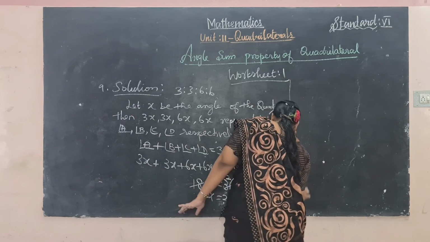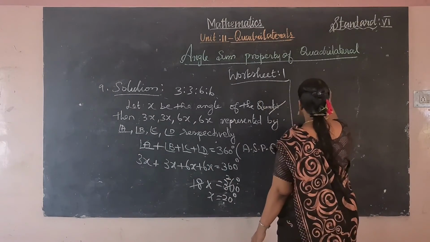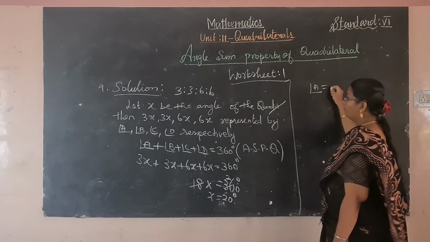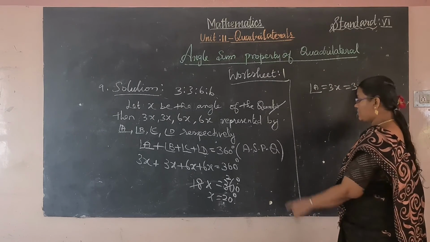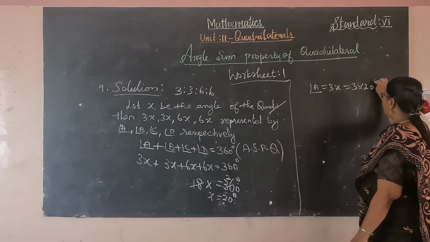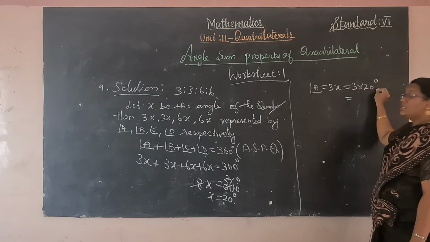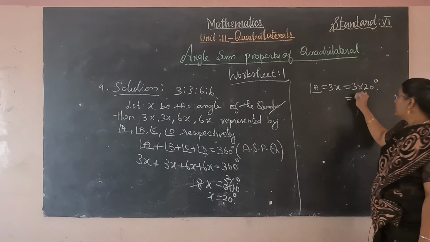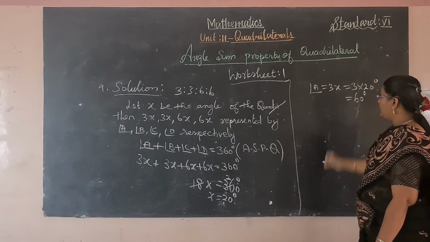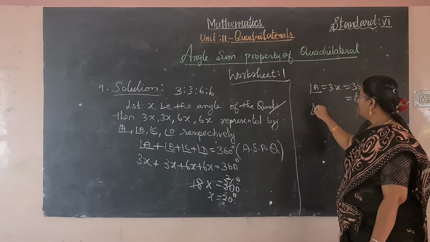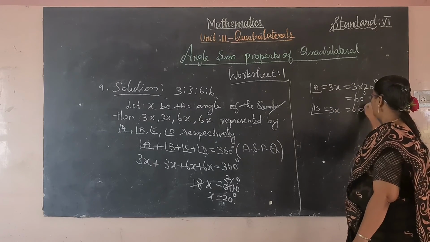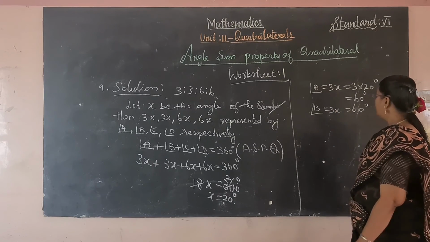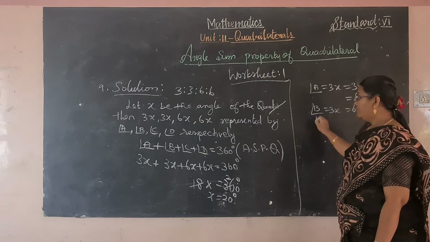Now we calculate the other angles. Angle A is 3x, which is 3 times 20, so 60 degrees. Angle B is also 3x, so 60 degrees.